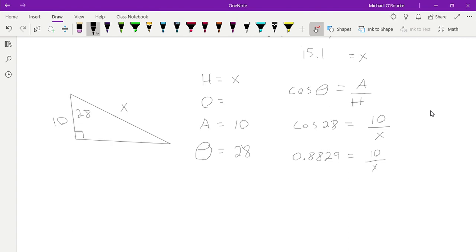Now, I need to isolate that x. So how am I going to get that x all by itself? It needs to be on top, right? I need to move it over here first. It's a divide on this side, so it becomes a multiply.